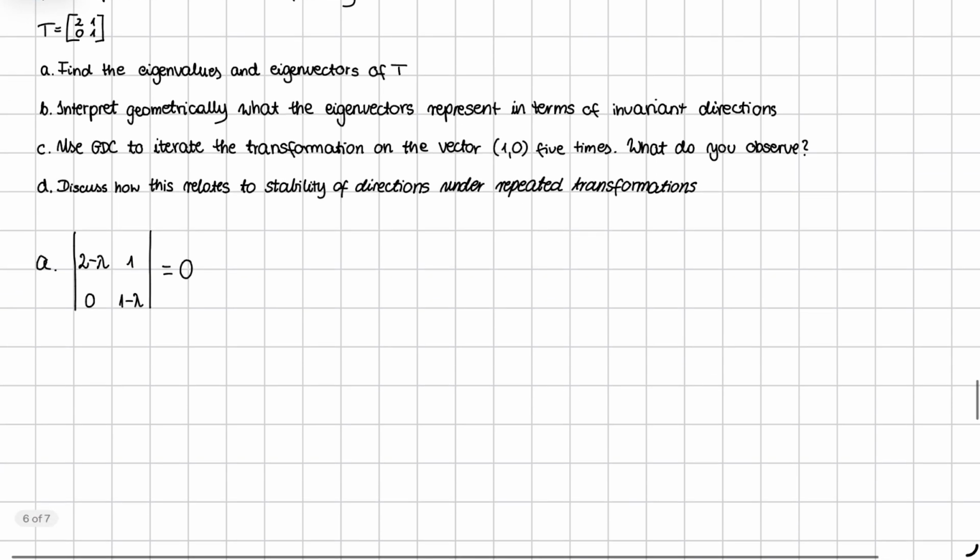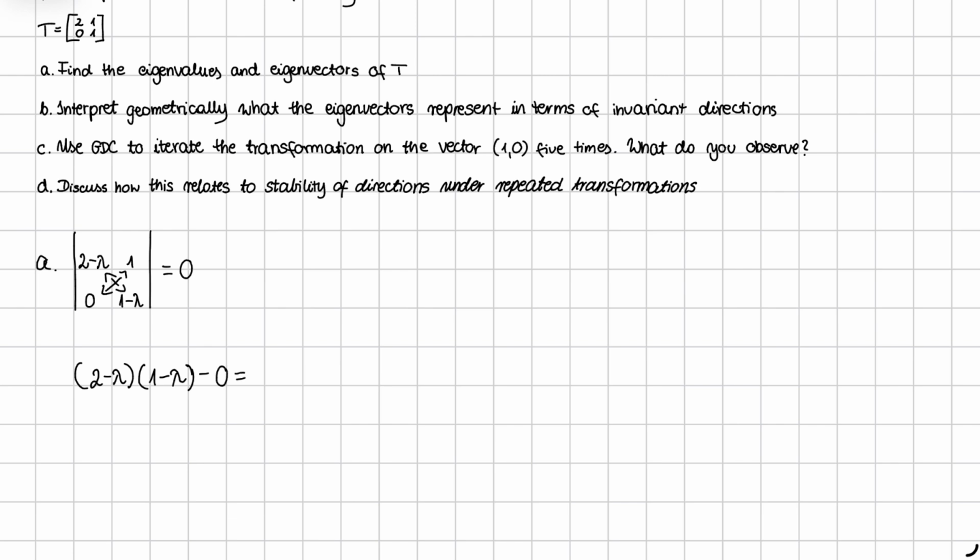So now we have to multiply this with this and then subtract 1 times 0. So we have (2 minus lambda) times (1 minus lambda) minus 1 times 0, so just 0, and this is equal to 0.